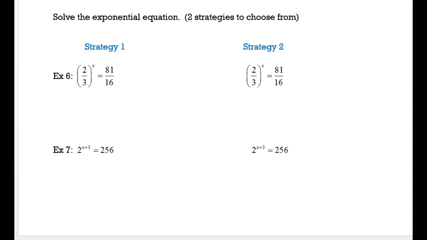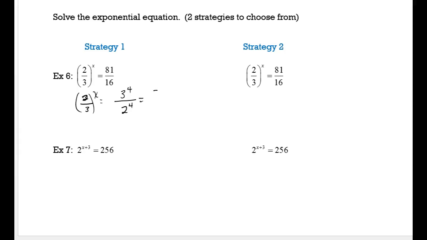All right, number 6. Okay, 2 strategies possible on this one as well. So to get them to the same base, what I have to realize is this: 2 over 3 to the x power is, and over here, this is 3 to the 4th, and this is 2 to the 4th. If I flip this, it would make a little bit more sense and be more usable.